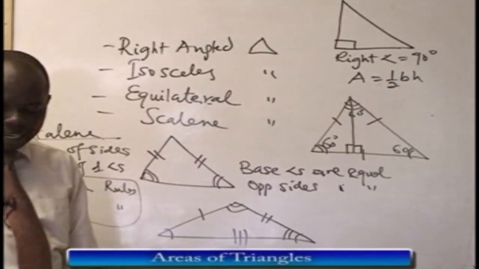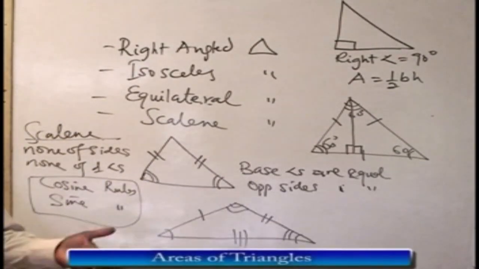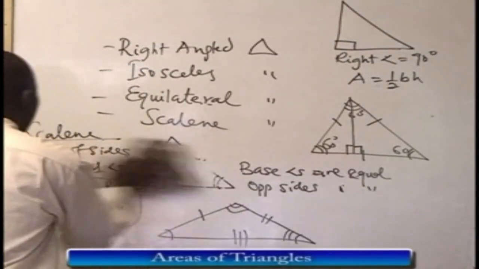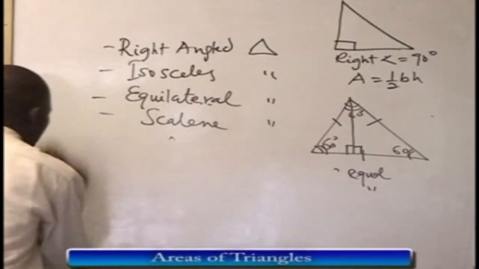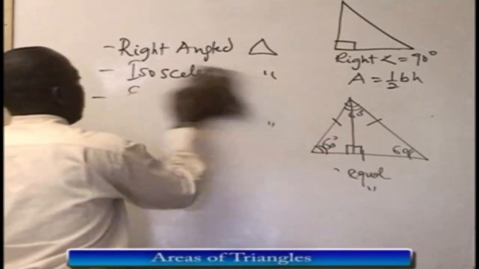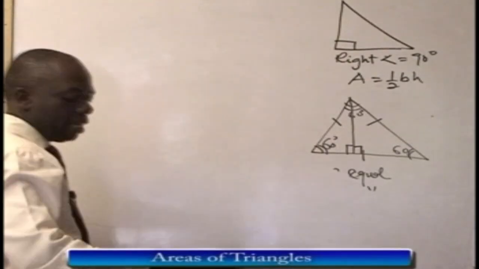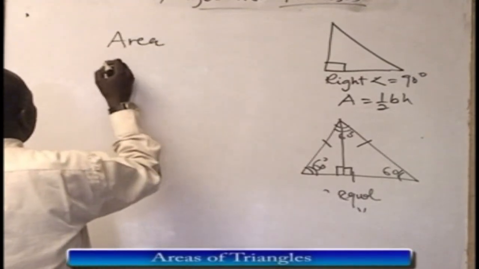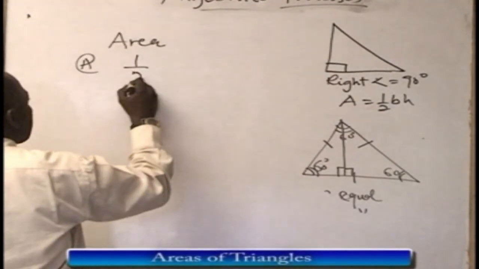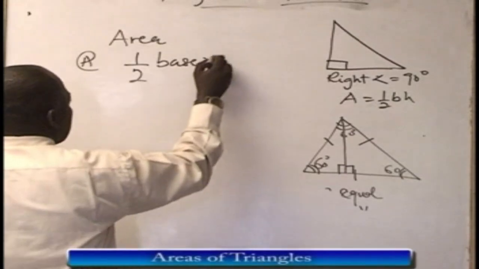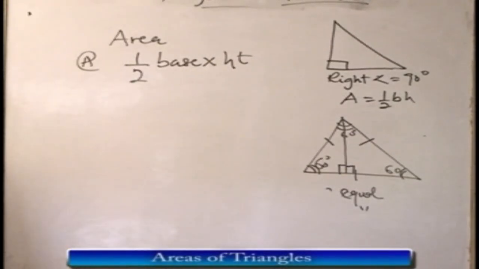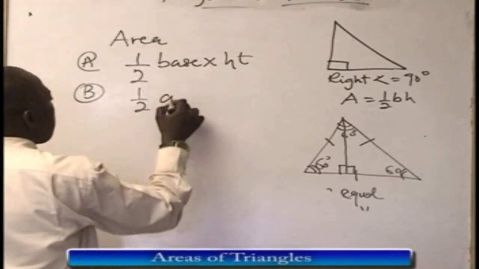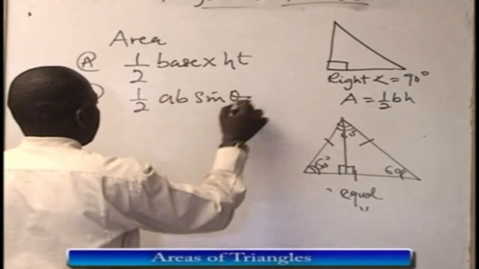How do we calculate the area of a triangle? In my little quest, I discovered that we can use three types of formulae to determine the area of a triangle. Number one, the area of a triangle can be calculated by half base times height. Again, you can use half ab sine theta.